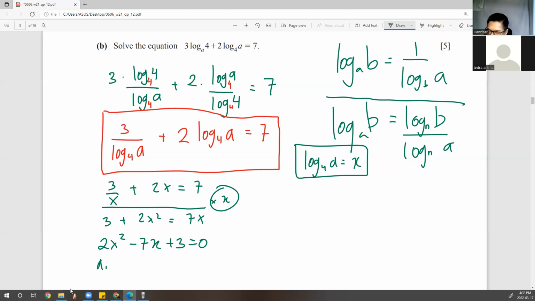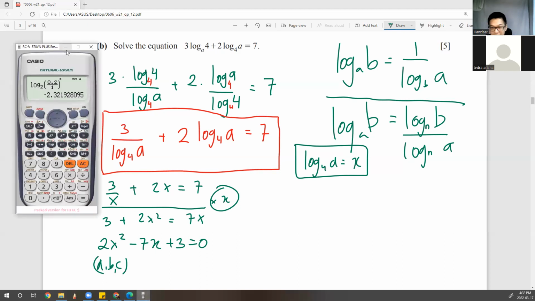The ABC formula is the best, because you can just use your calculator, or use minus b plus minus square root of b squared minus 4ac, and so on. But I just choose the shortcut here: factorizing 2x squared minus 7x plus 3, the factors are 3 and one half.